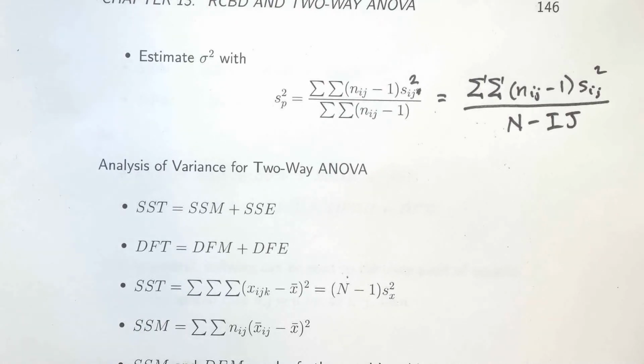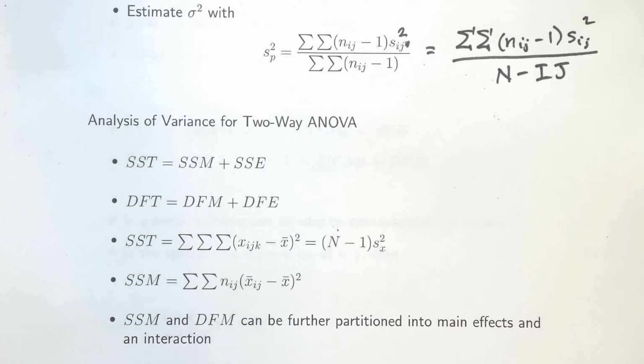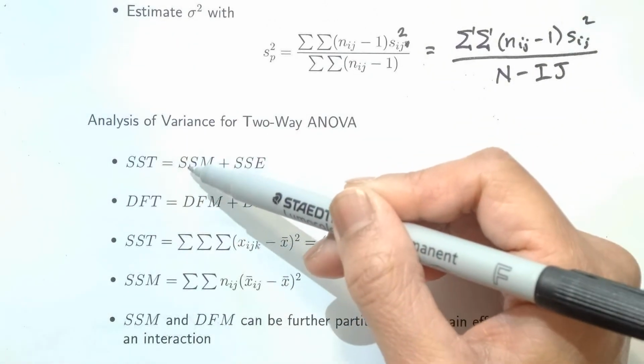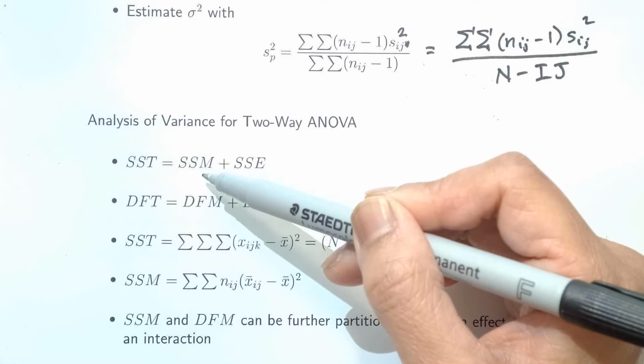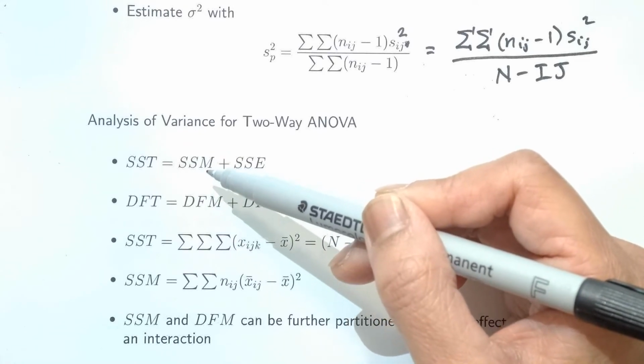So the analysis of variance for two-way ANOVA is very similar to what we did for one-way ANOVA and for the randomized complete block designs, except now our sum of squares model. Remember for the randomized complete block designs, we looked at the sum of squares model and we broke it up into these two bits, sum of squares for our treatment plus sum of squares for the blocks.